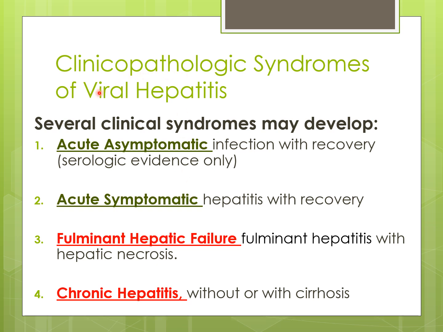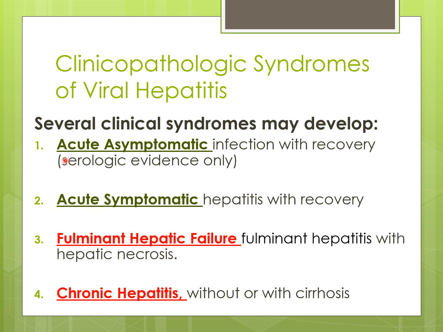When there is viral hepatitis, the person infected by viral hepatitis can go through clinico-pathological syndromes. There are many syndromes, but we will do the four important ones. Clinical pathological syndromes of viral hepatitis. First two are the acute asymptomatic and acute symptomatic hepatitis.